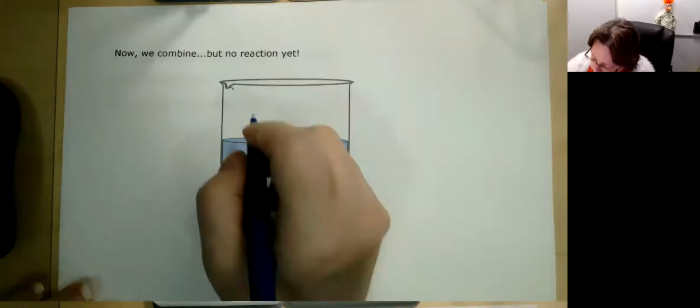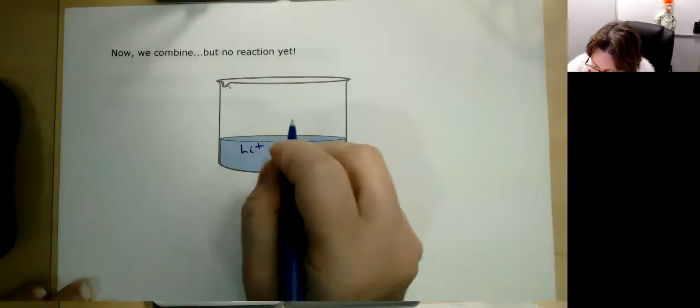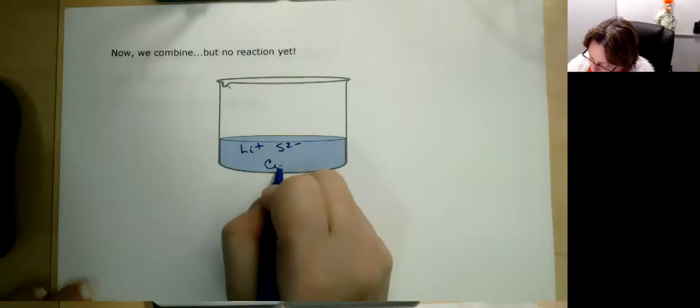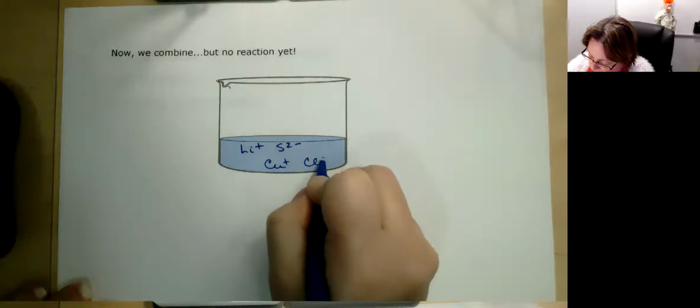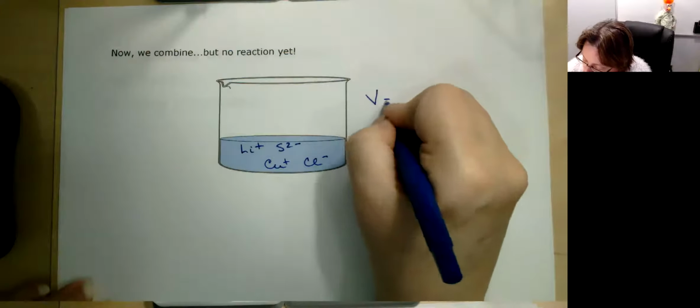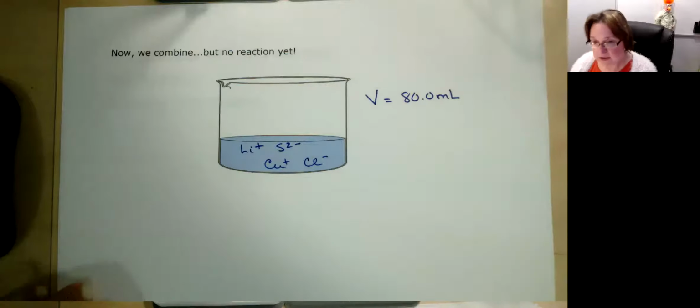So remember in here, no reactions have happened yet. We have lithium ions, we have sulfide ions, we have copper 1 ions, we have chloride ions. And the volume is now 80.0 milliliters. They're all sharing the space now. They haven't done any reactions yet.